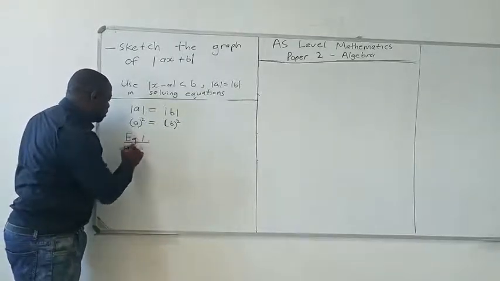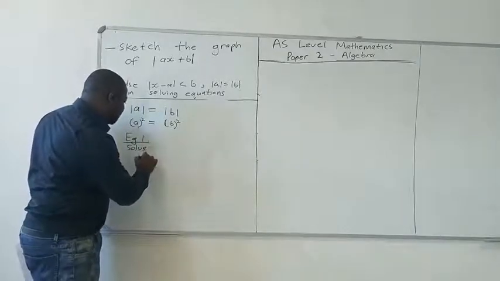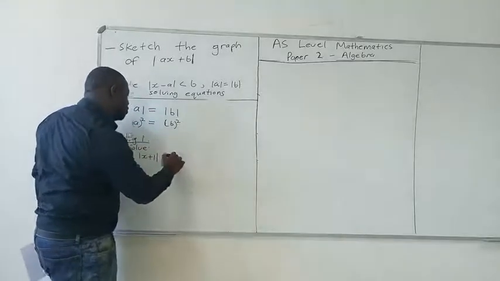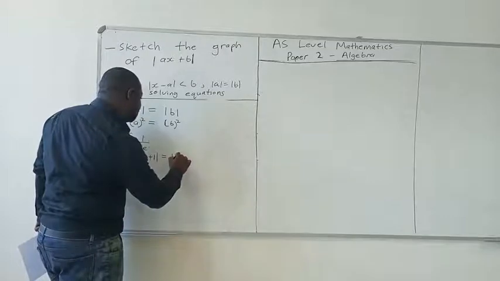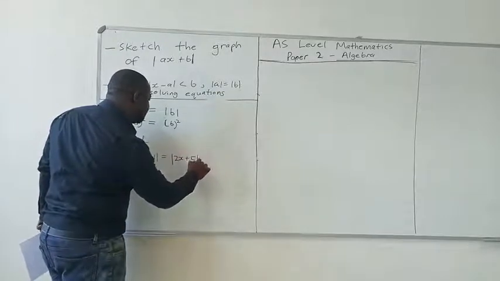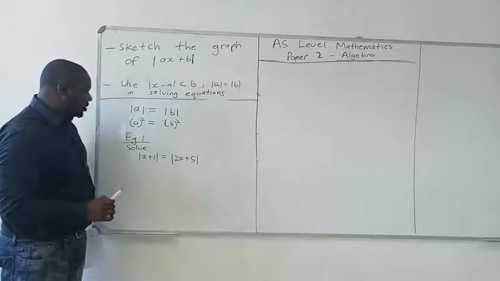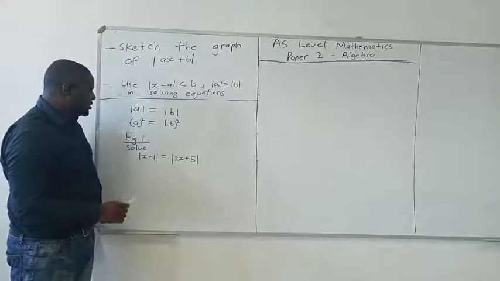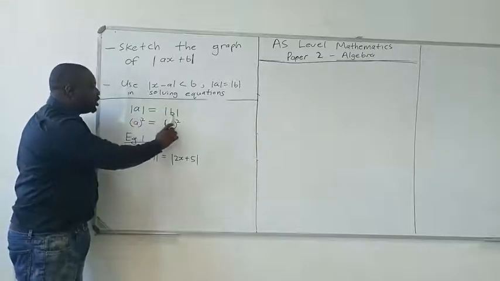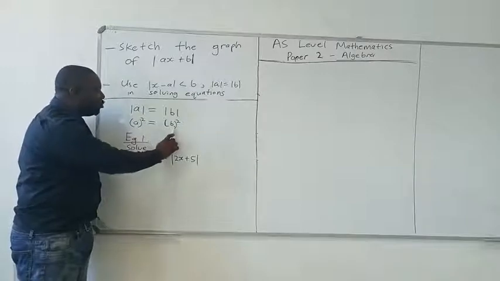Example 1. Solve modulus of x plus 1 is equal to modulus of 2x plus 5. For the purposes of solving this equation, modulus of A is equal to modulus of B means that we square: A squared is equal to B squared.